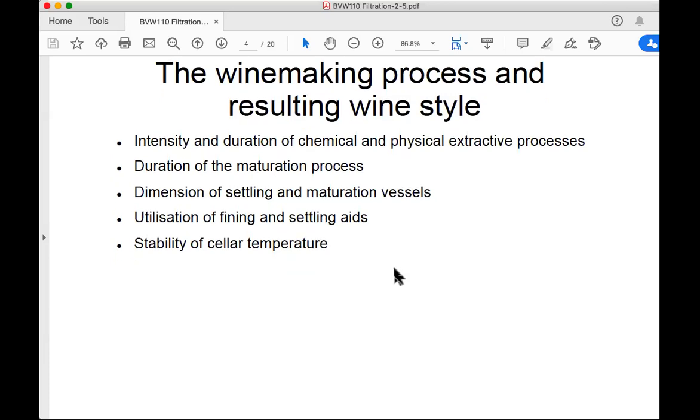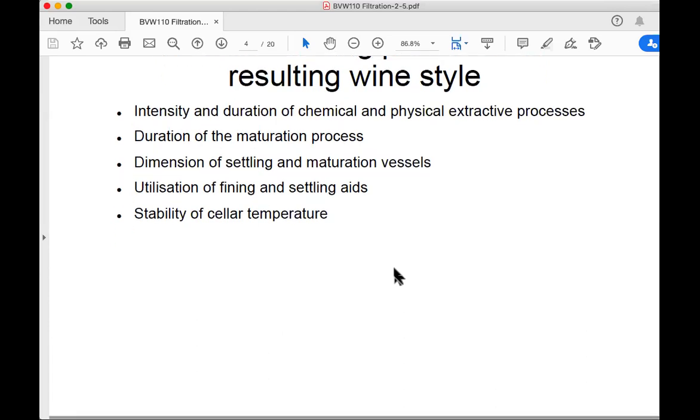Next, we talk about the stability of the cellar temperature. Where we have variations in cellar temperature, we have a high thermal mass in our tank and then changing air temperatures. So we end up with small convection currents inside our vessel that continuously disturb the lees and make the settling process take a much longer period of time as a result.